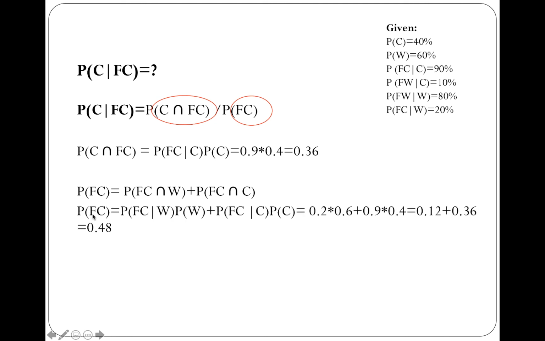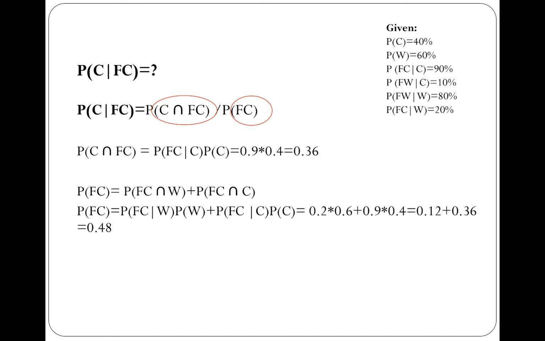We can say the probability of FC equals the probability of FC conditioned on warm multiplied by the probability of warm, plus the probability of FC conditioned on C multiplied by the probability of cold. Again, note that this intersection I can rewrite as the probability of FC conditioned on W multiplied by the probability of W, or as the probability of W conditioned on FC multiplied by the probability of FC.